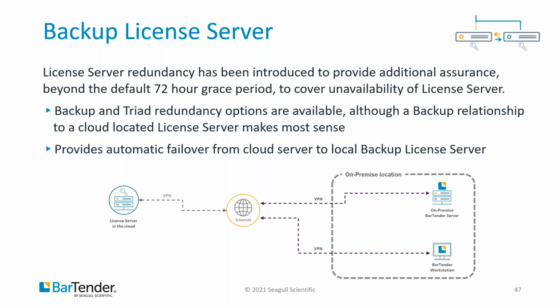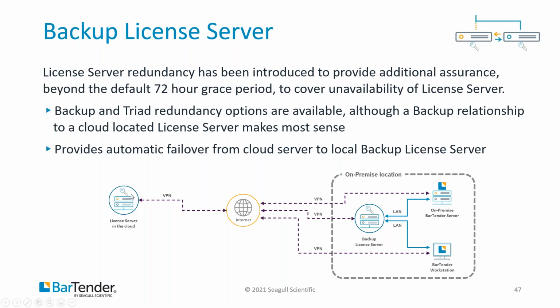Your BarTender workstation by default would reach out to the license server in the cloud for its printer-based licensing, be that the workstation or the production server. But if connection to the cloud is broken, then instead, either the on-premise server or workstation can get its licensing from the backup license server, which is on-premise.